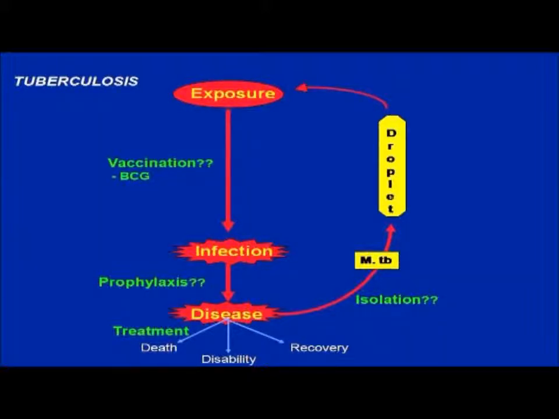And how about prophylaxis? We can cut the process from infection to disease. So for TB, in this cycle, we have vaccination, prophylaxis and isolation. We have 3 points of control. And in a real situation, we can choose one considering the current situation.